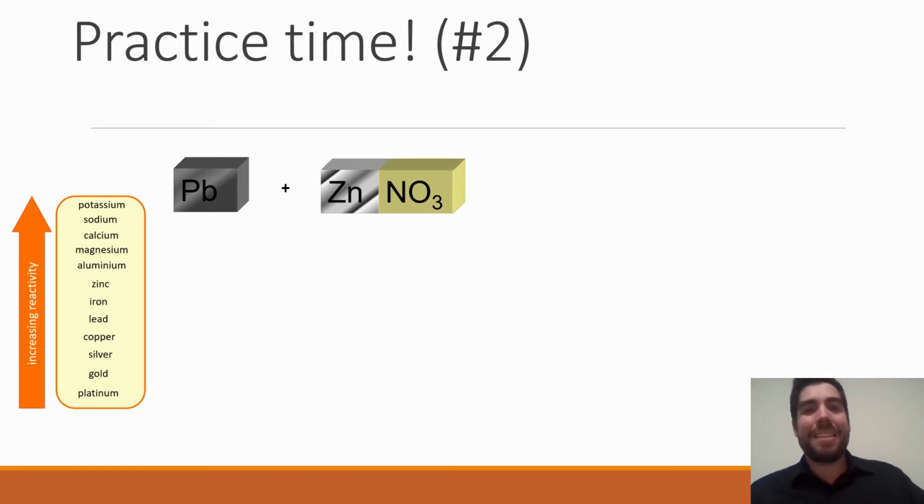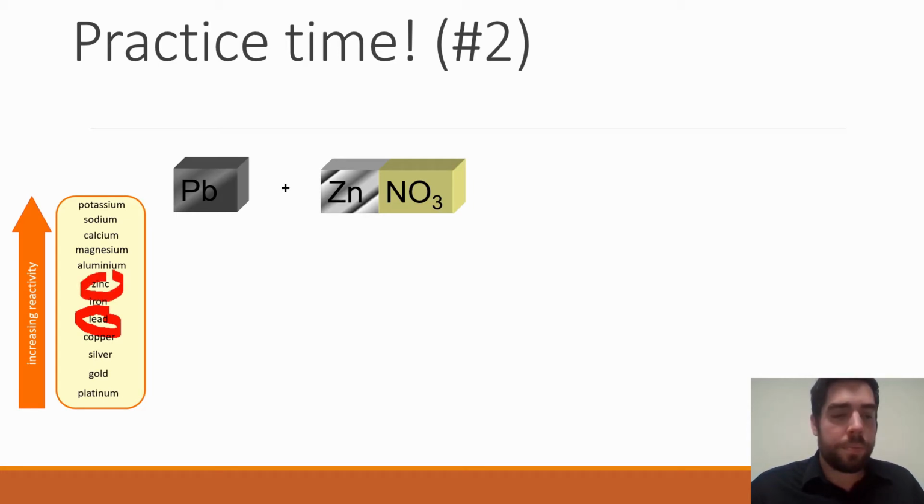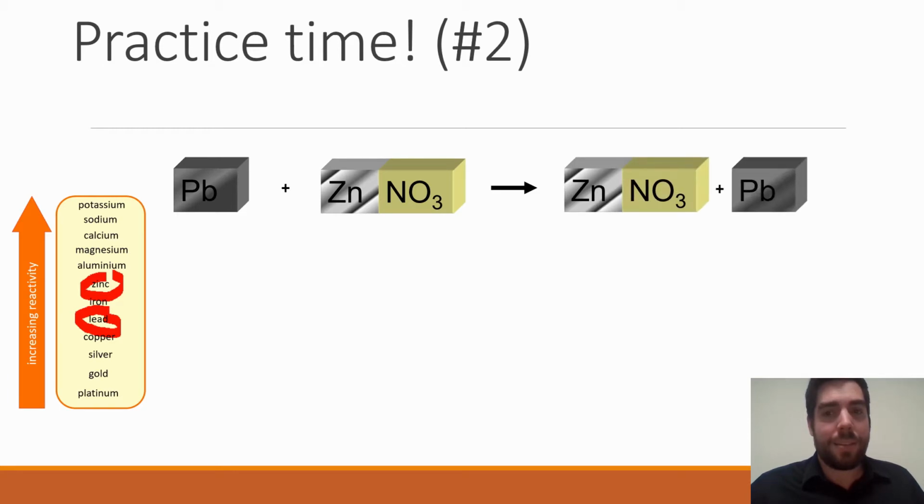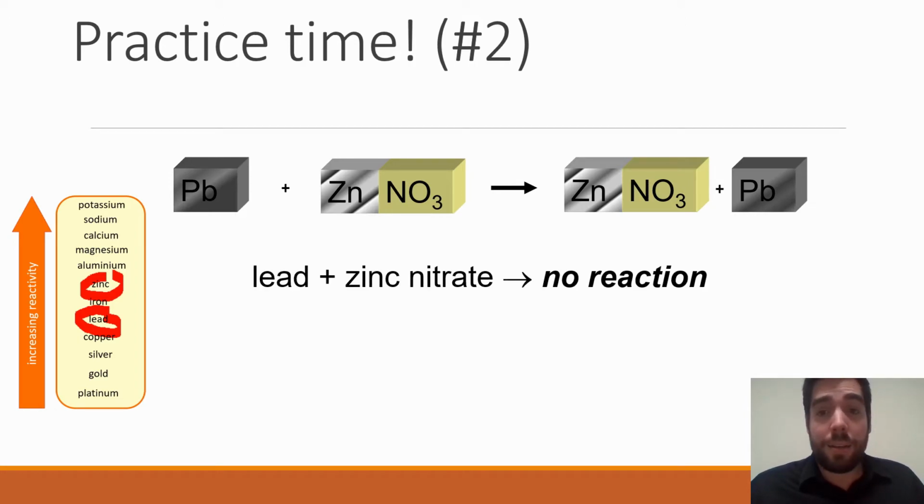So looking at the reactivity series, we can see that solid lead is right here, and that zinc is up here. So again, lead is less reactive than zinc, so lead cannot displace zinc. So we get the same products as reactants, so there's no reaction. So simply that, there is no reaction.